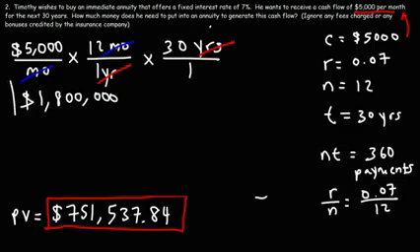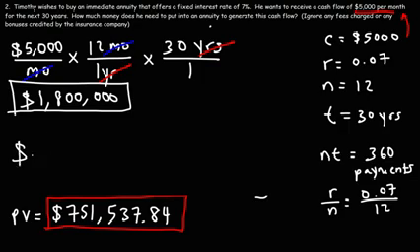$1,800,000. So let's calculate his net profit for putting his money into this contract. So keep in mind, we're not taking into account any fees charged by the insurance company.